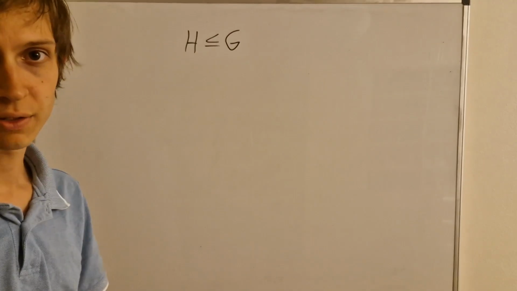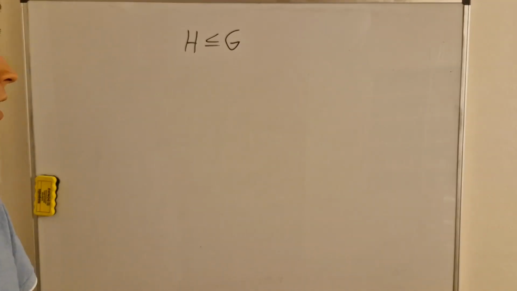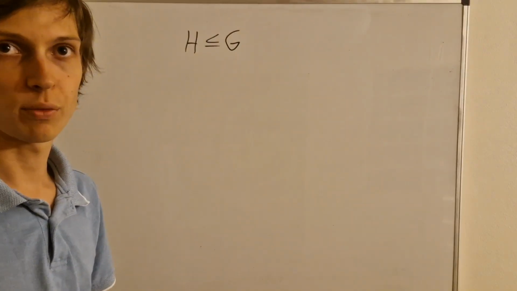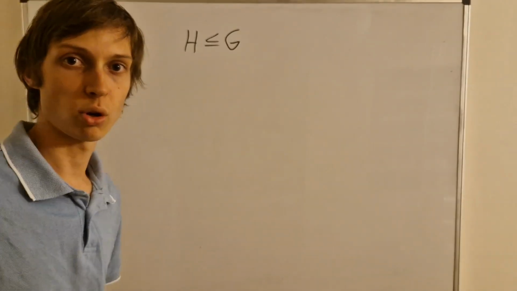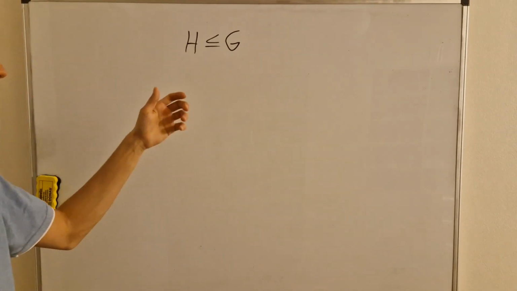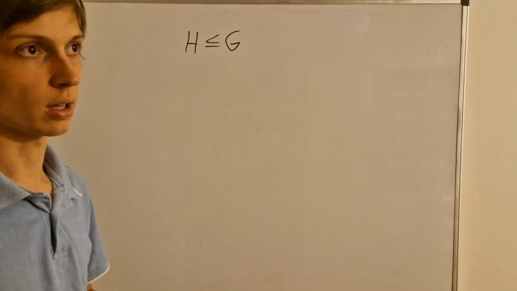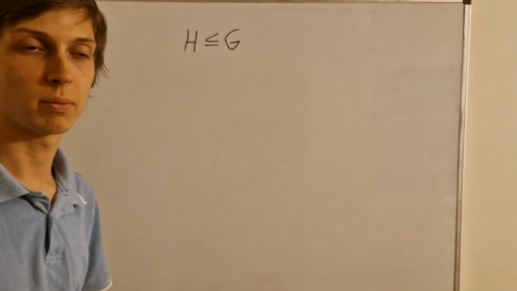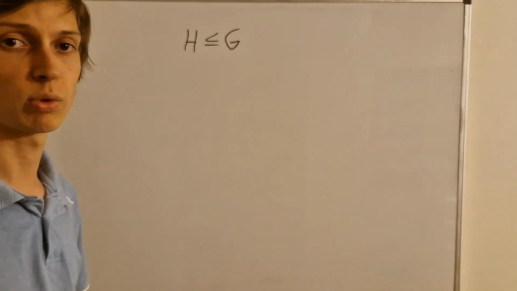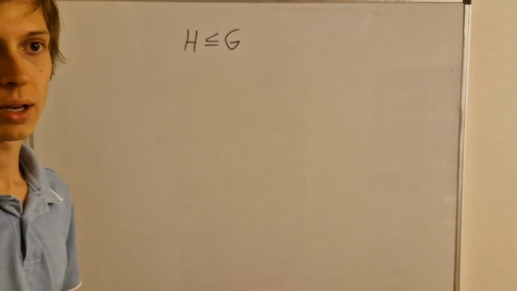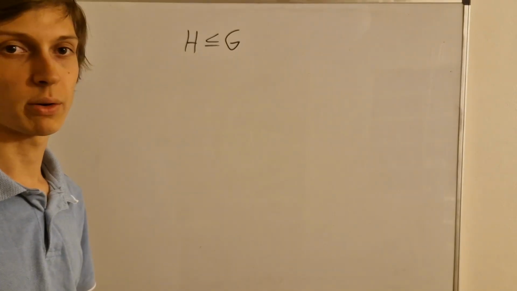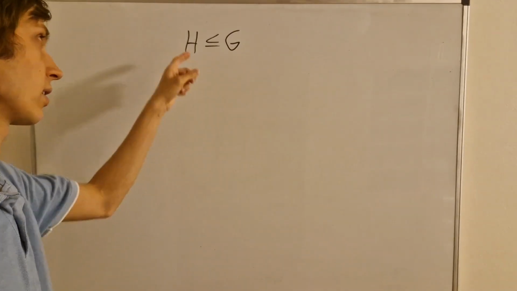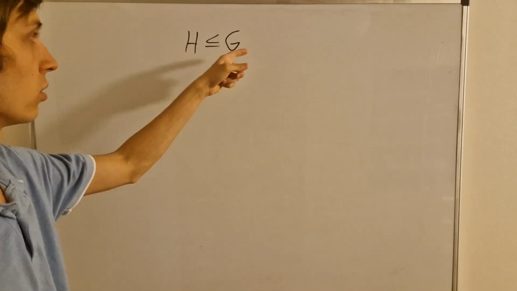The subgroup also satisfies them, but the subgroup is basically some elements from G. It could be all of G, which is a trivial example of a subgroup, or just the identity element of G, or some proper subset of the underlying set of G. But what has to be satisfied in order for it to be recognized as a subgroup is that for any of its elements, the binary operation between them will result again in one of the elements inside H itself. It won't jump into the rest of G.